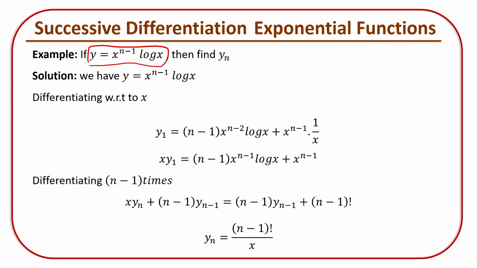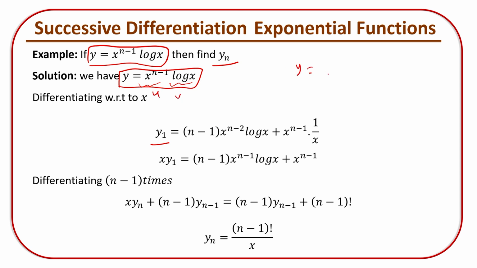So now use those existing formulas and find out, if y equals x power n minus 1 into log x, then find y of n. So y is given as x power n minus 1 into log x. Now differentiating this y with respect to x, there are two functions, so use the product rule. Let this be u and this be v.